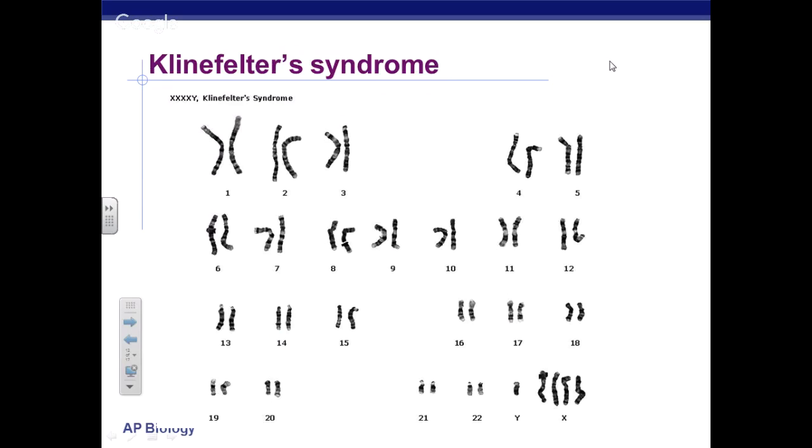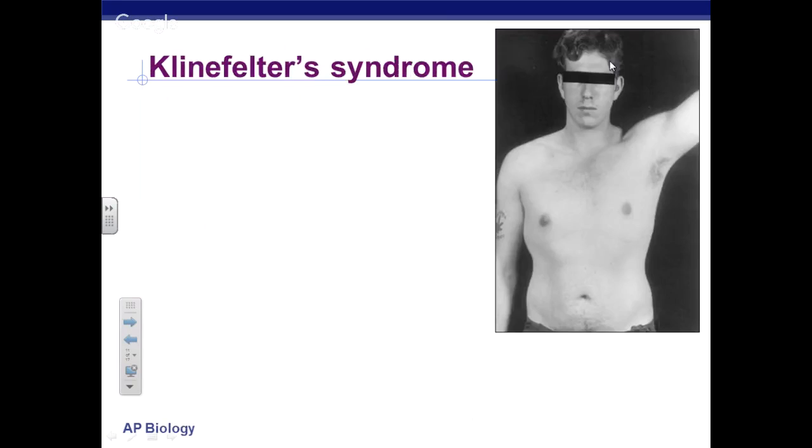And if you have an extra number 1, you have times 3 of all of those proteins. And it usually creates such a biochemical problem because you have just too much of those chemicals, the embryo just can't finish developing properly. Or if you're just missing 1, you only have times 1 of it. You don't have enough of those chemicals to allow normal development, and the baby will die.